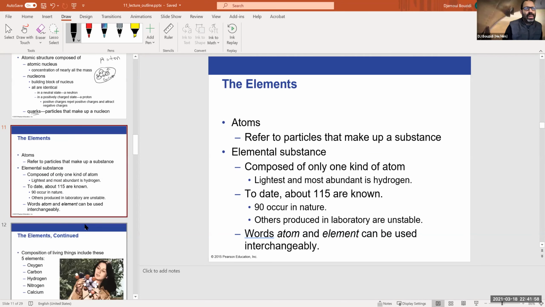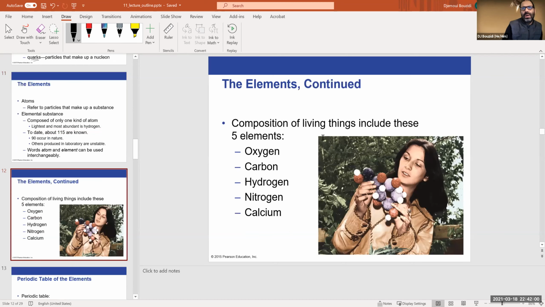When we refer to an element, we are really looking at them. Living things are made up mainly of these elements, or atoms: oxygen, carbon, hydrogen, nitrogen, and calcium. Those are what make up mainly living organisms, or living matter. So it's made up of these 5 elements for the most part.